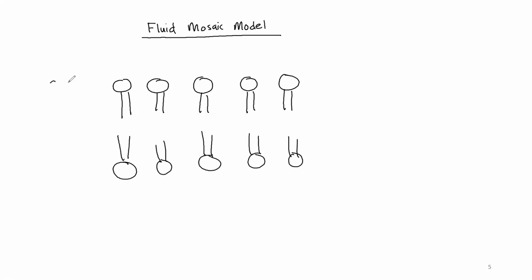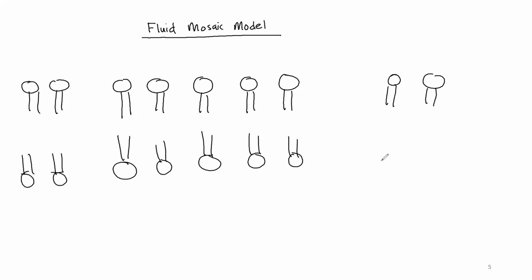Let's draw in a couple other structures here though. We've got large molecules like proteins that are just spanning the cell membrane, spanning both layers of the cell membrane, right?